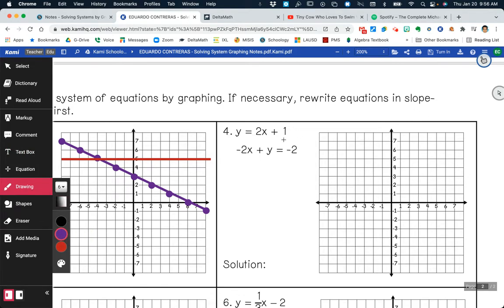So this line is going to cross the y-axis at +1. Then the slope is 2, which is 2 over 1. That tells me up 2, to the right 1. And I'm just going to make a few more points.